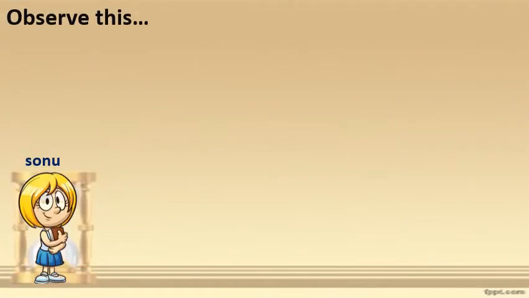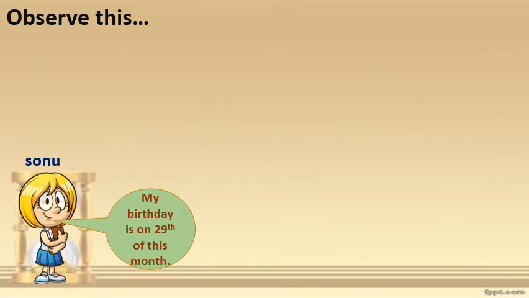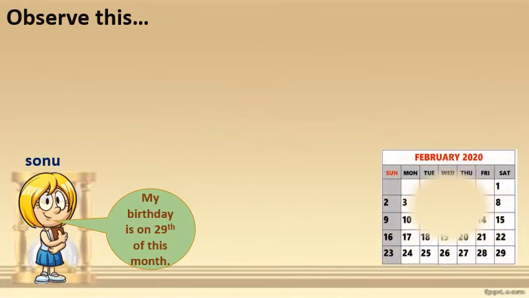Now students, Sonu said that my birthday is on 29th of this month, isn't it? Which month? February 2020 calendar we will see. 29th is Sonu's birthday, 29th February. Now she said that my birthday comes after 4 years.